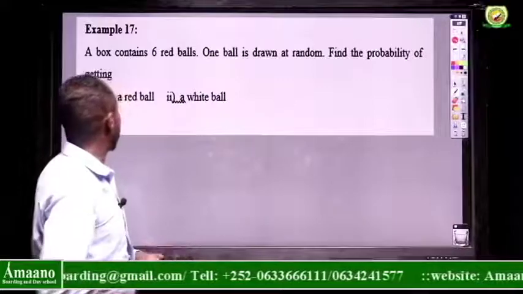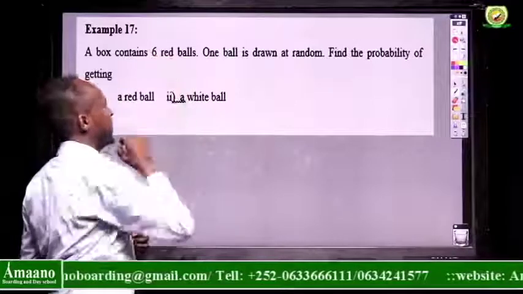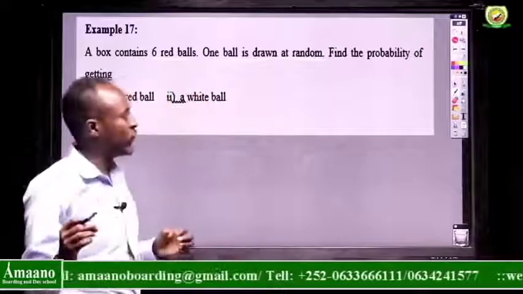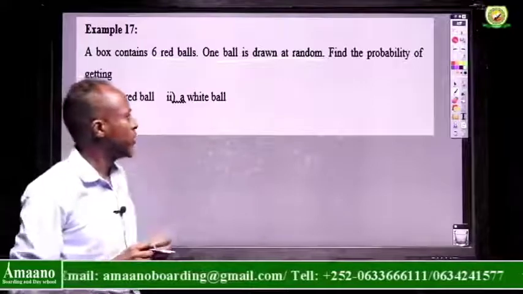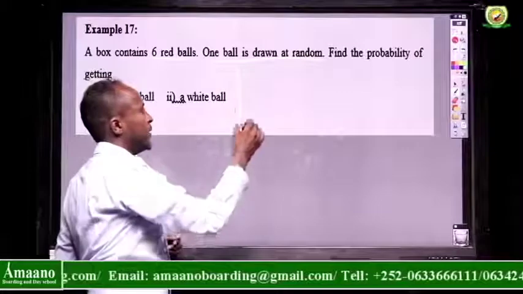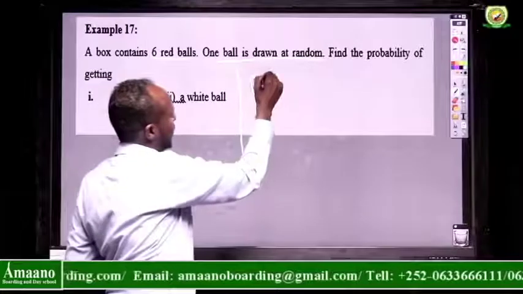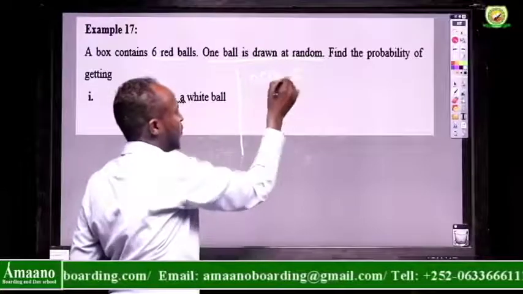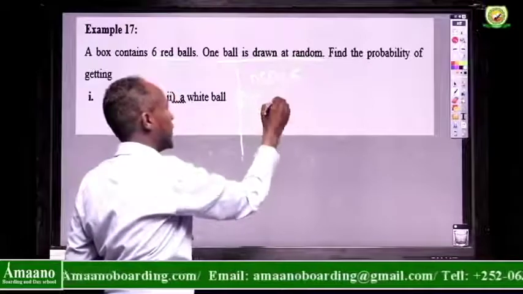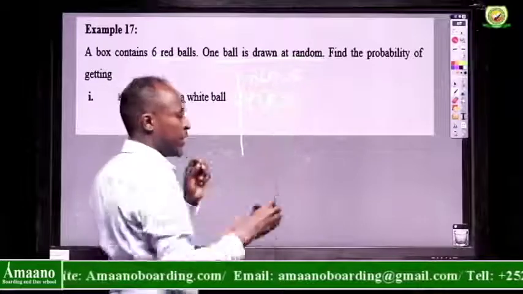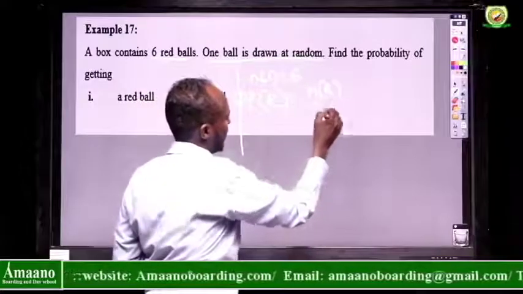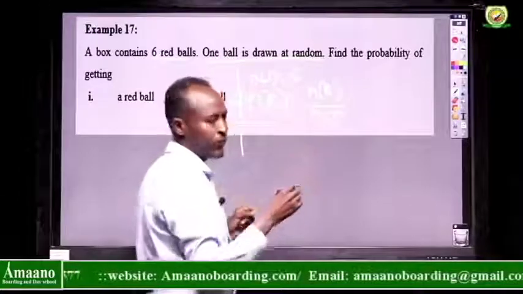This example states that a box contains 6 red balls. One ball is selected at random from the box containing 6 red balls. Find the probability of getting a red ball. It means that we have n of sample space. You have 6 red balls. The probability of getting a red ball is the number of red balls divided by n of sample space, which is the total number of balls.